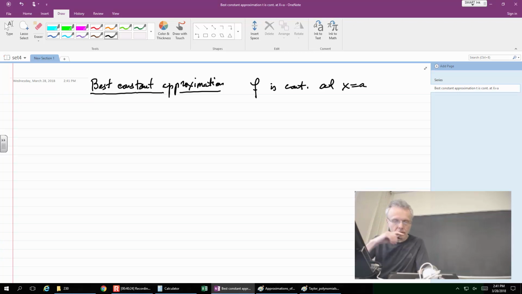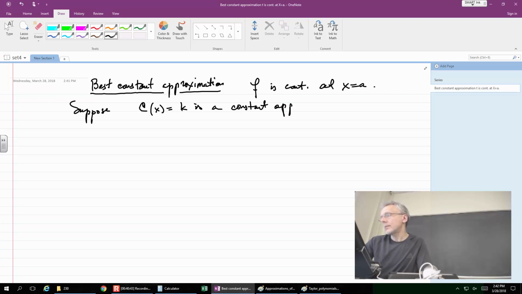Suppose, how about I call it C, C of x is equal to k, is any constant approximation of f.